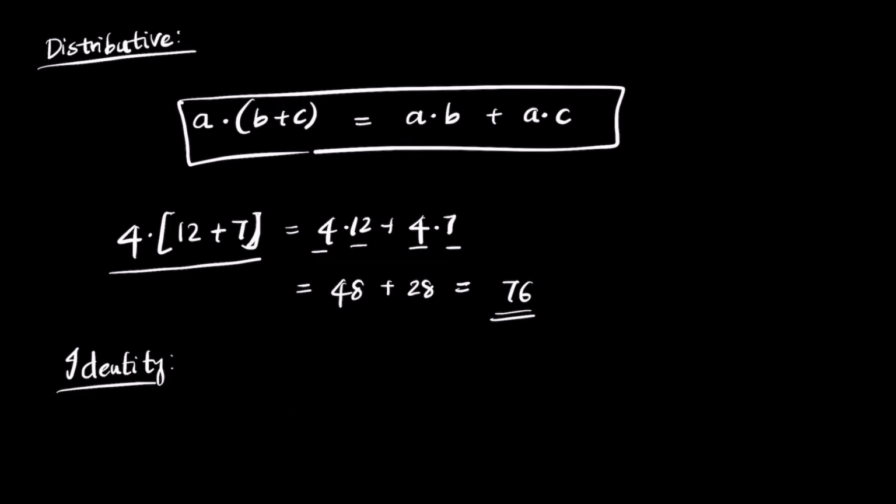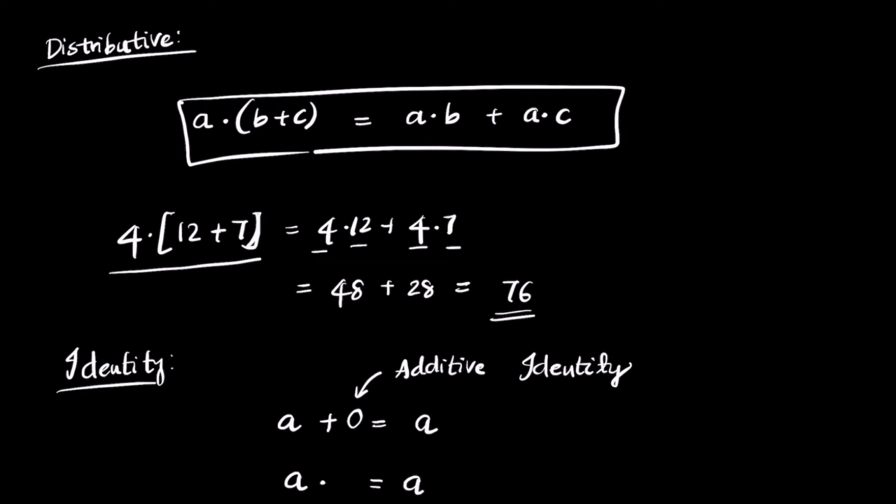For example, if a is a number and you add something to a, but the final answer is still the same, that number is 0, and this 0 is called the additive identity. In the same way, when a is multiplied with a number and you get a, that number is 1. One here is the multiplicative identity.